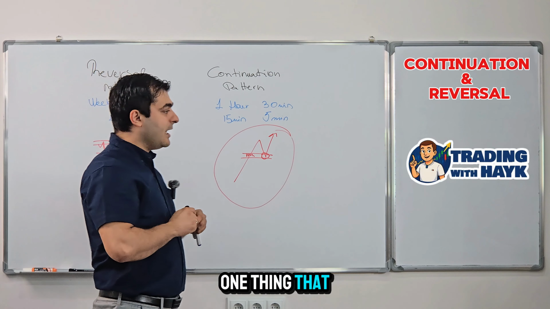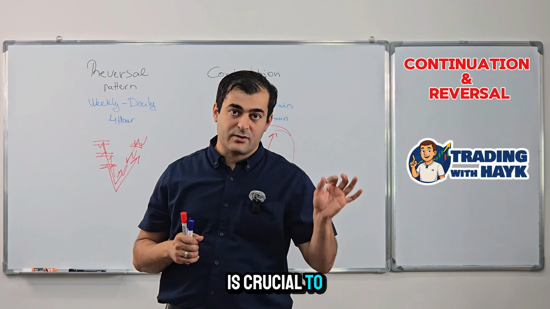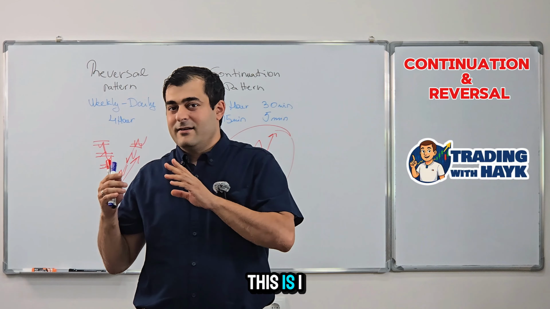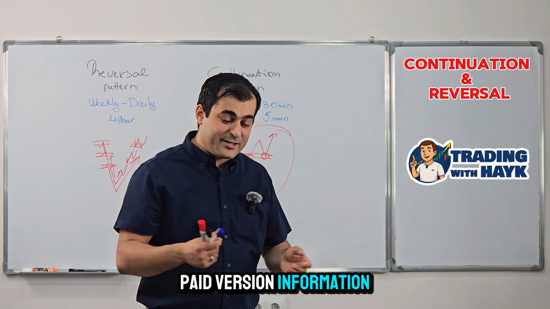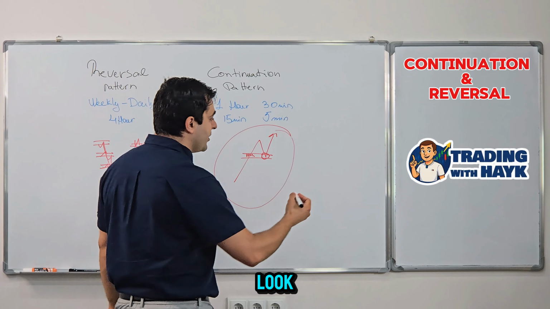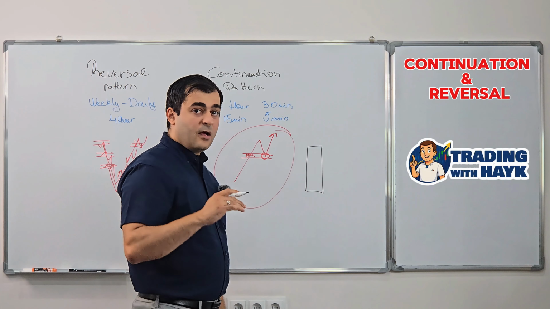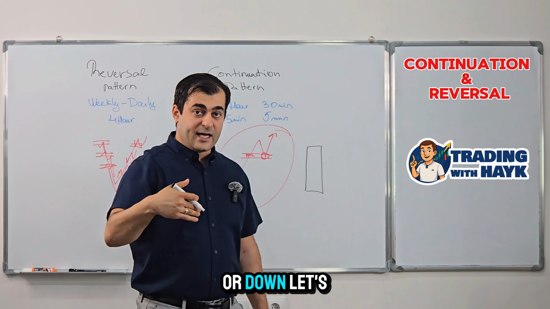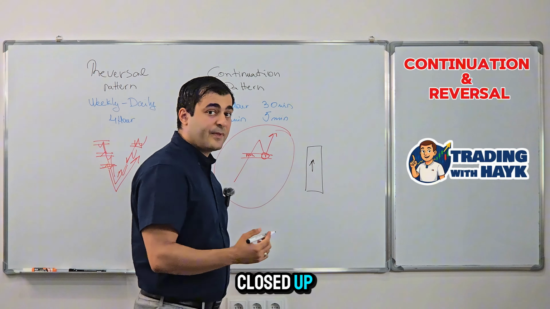One thing that I would like to tell you is the following, which I think is crucial to understand. This is, I would say, a paid version of information, but I'm going to give it for free because I think it's important. Look, when we have one candle, whether it's up or down, let's say this candle closed up, the next candle, the next day, when it opens, what happens?